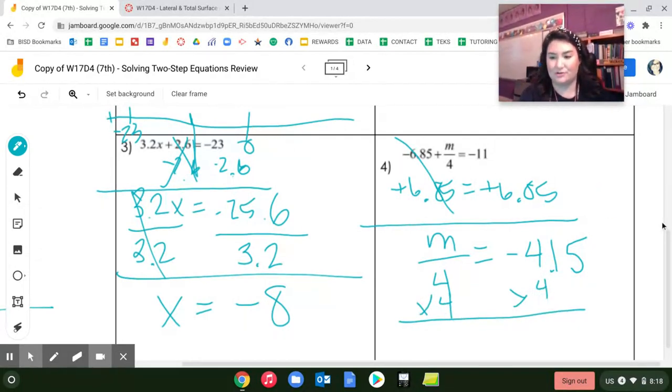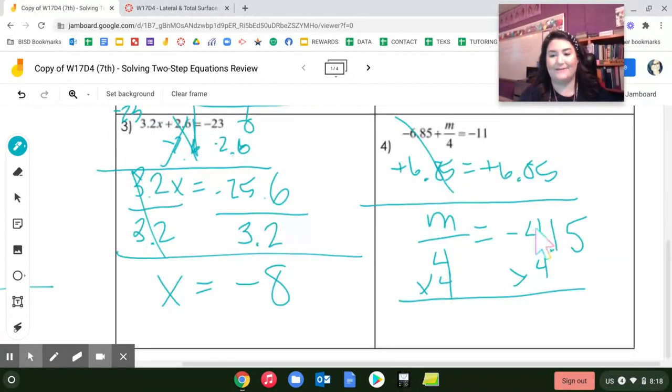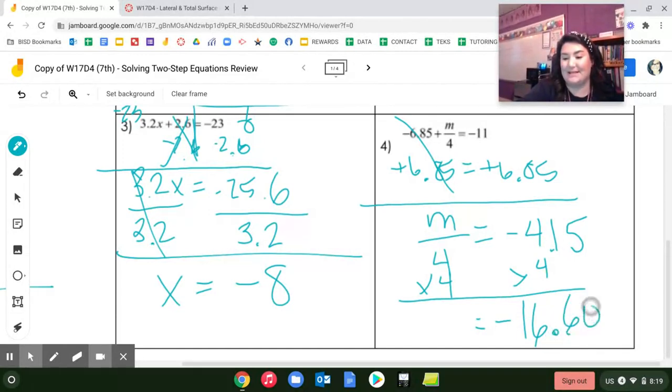And I'm going to teach you a little trick here. If you break this number apart, this negative 4.15, I know it looks ugly and scary and we don't like it, but let's just break it down. What is 4 times 4? It's 16. So then what is 4 times negative 4? It would be negative 16. But we're also doing 4 times 0.15. So our answer becomes negative 16, and 4 times 0.15 is 0.60.